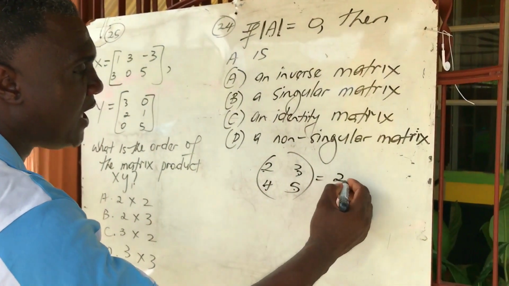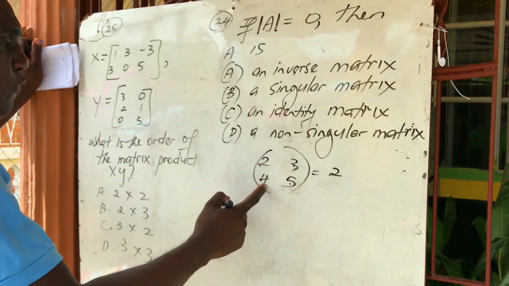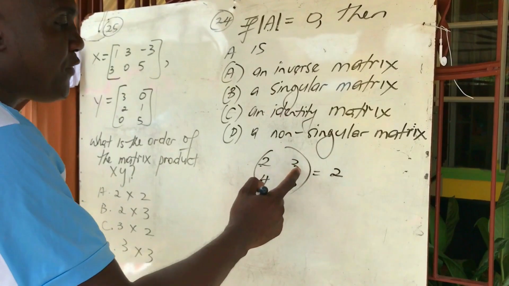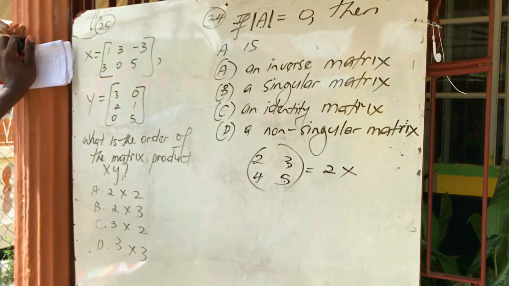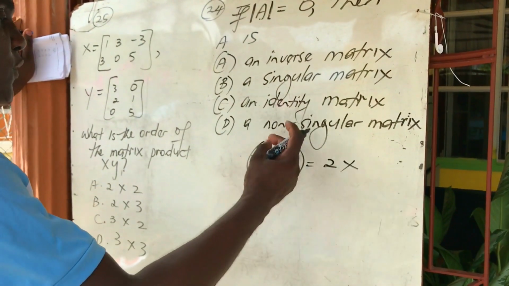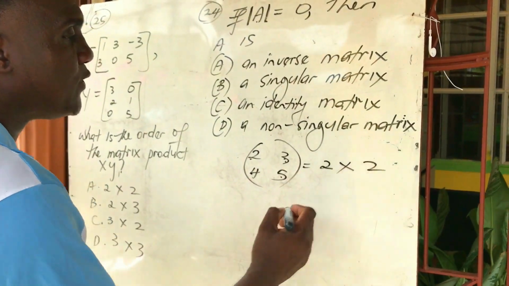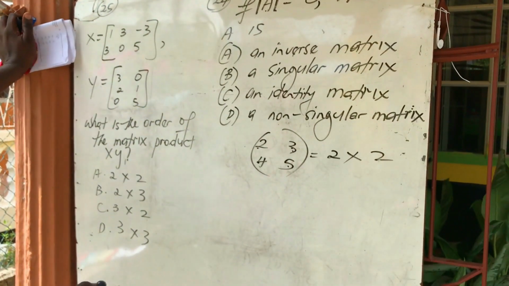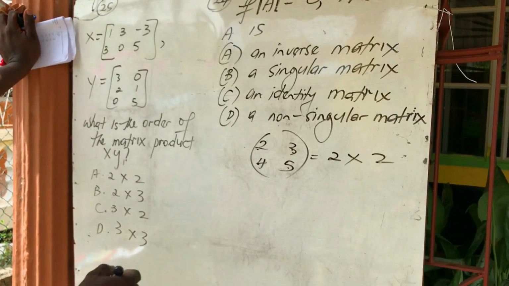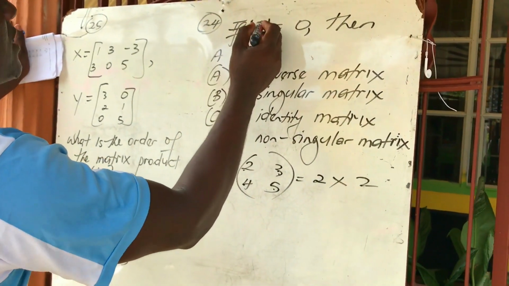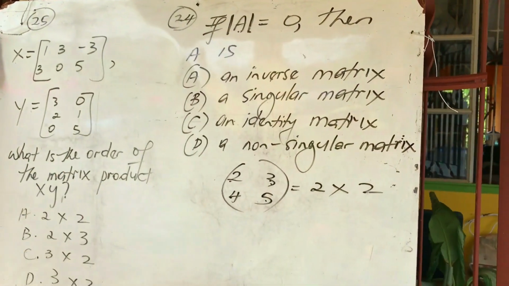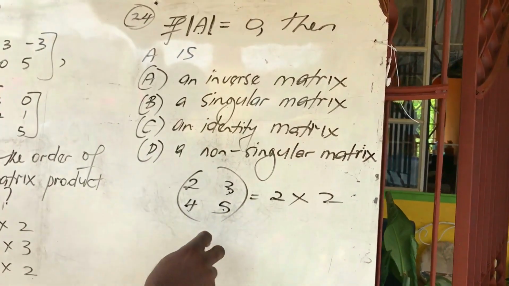So this has 2 rows, and then 2, 4 is our first column, 3, 5 is our second column. So we refer to this as a 2 by 2 matrix, which is also called a square matrix.